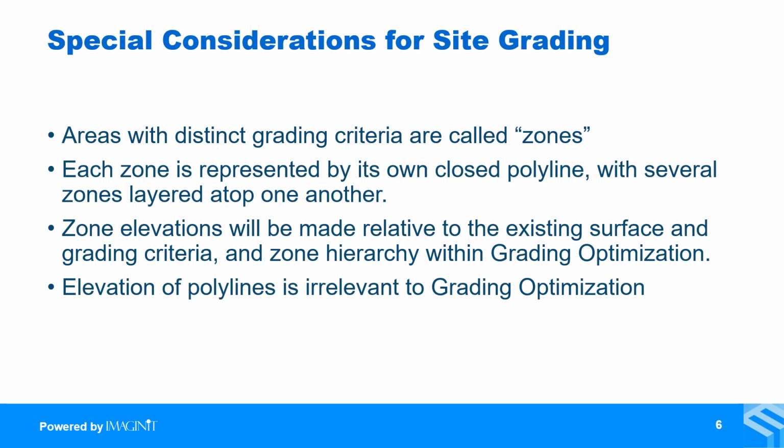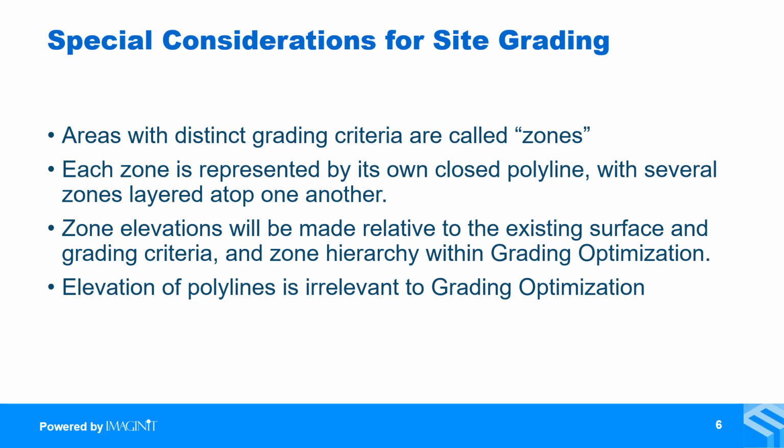So I could have an overall site definition of 1 to 50% overall grade, but then within it have distinct areas for ADA ramps, access paths and things like that with a much less severe slope, and it will, as long as the hierarchy is correct, respect those new parameters.